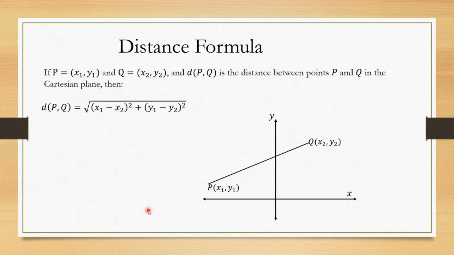All right. Now, let's get to our distance formula. This is how we find the distance between two points in the Cartesian plane. Let P be this point, with these coordinates, and Q this point. The distance between them is given by this formula.